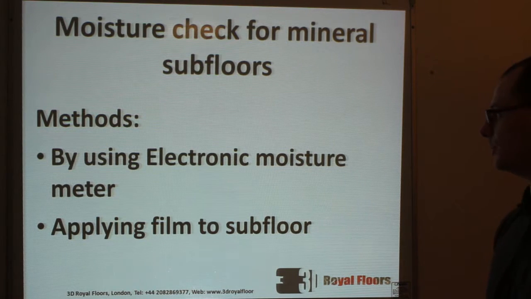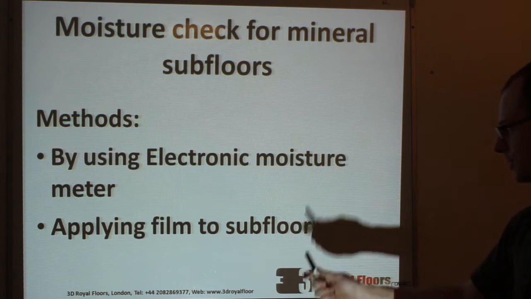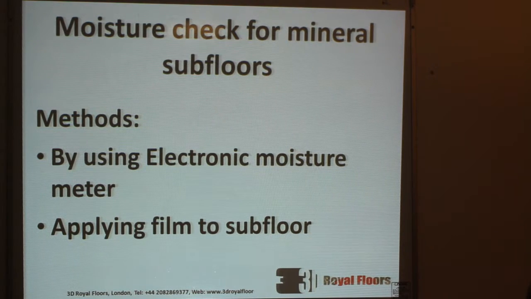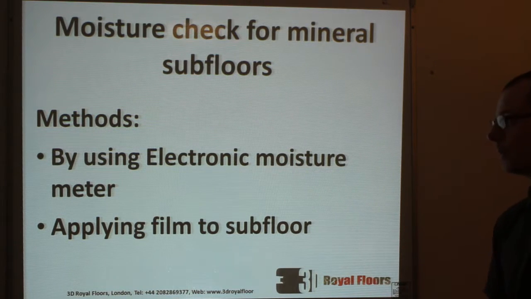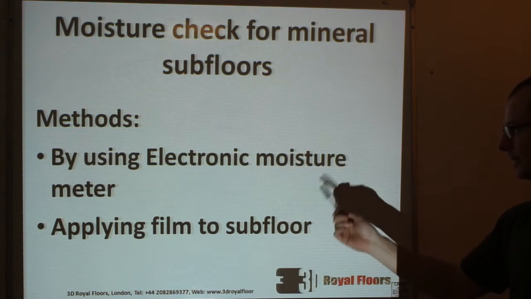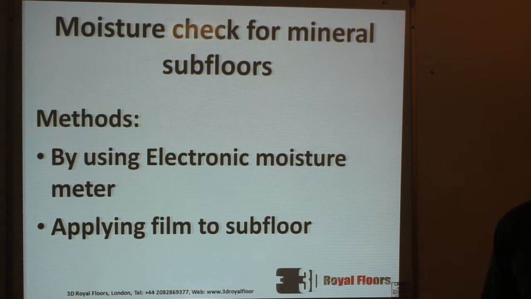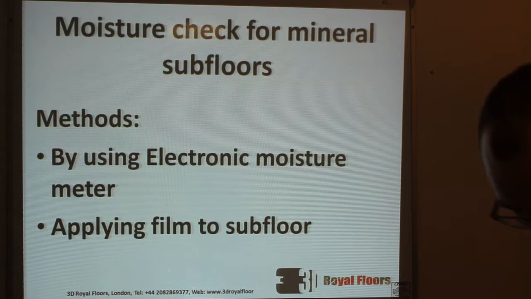Obviously there are more, but we use either an electronic moisture meter or application of a film to the subfloor. In our next pictures and video you're going to see how it works and how we do it.